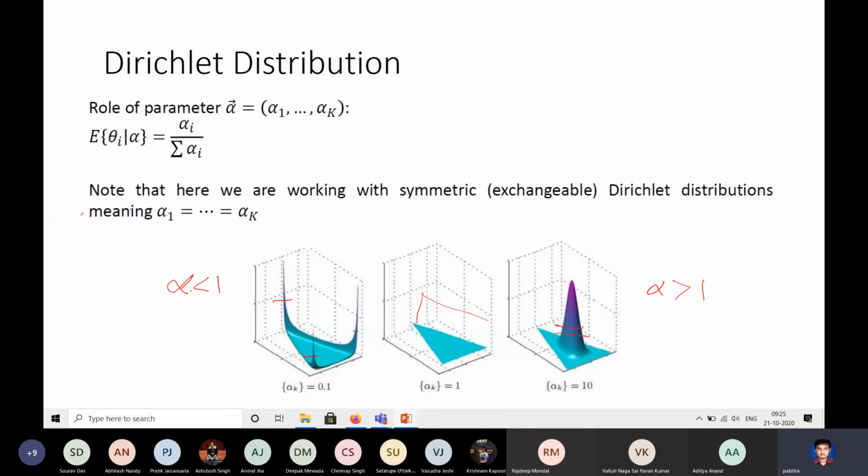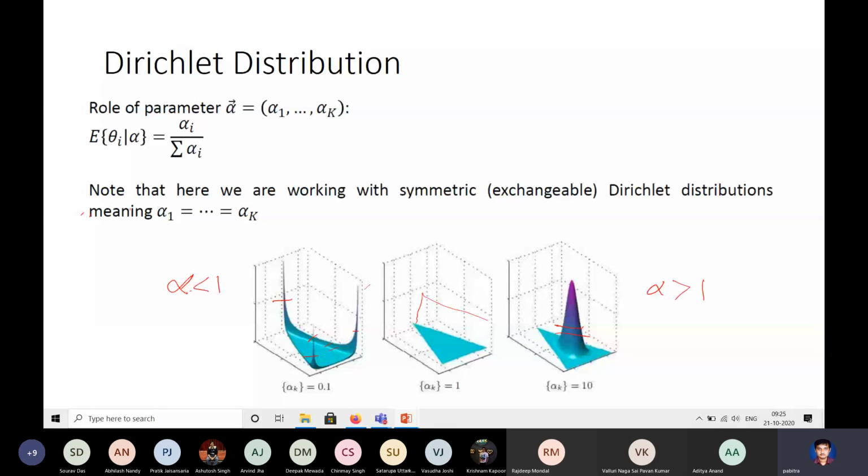Not only corners, you see this is biased towards the edges also. There is high value in the corner, but also a non-zero value on the edge. So if you have alpha less than 1, you have mass towards the corners and edges. If you have alpha greater than 1, mass towards the middle.